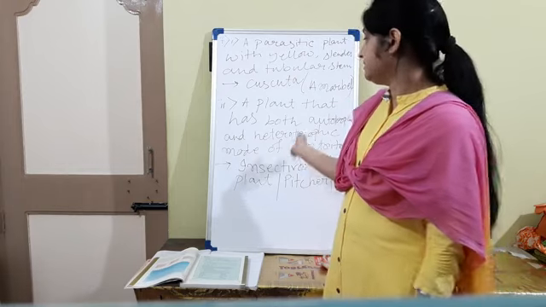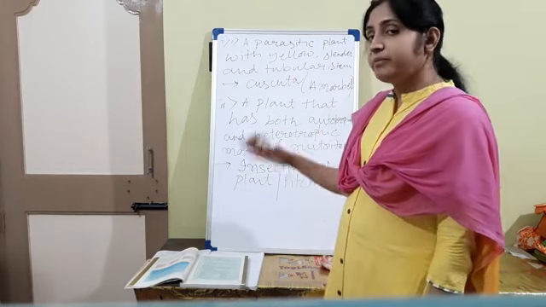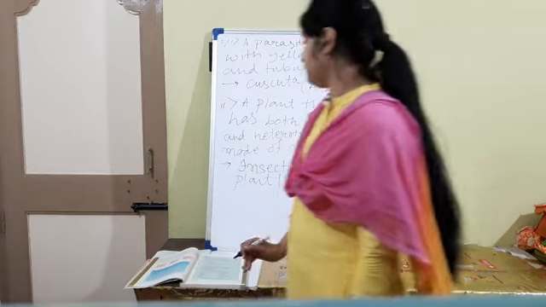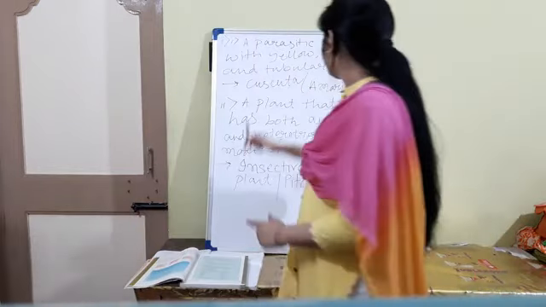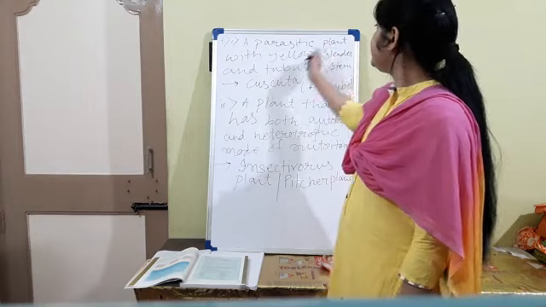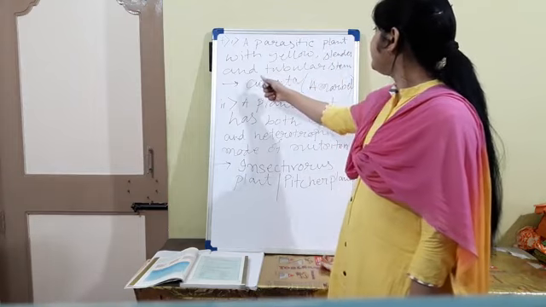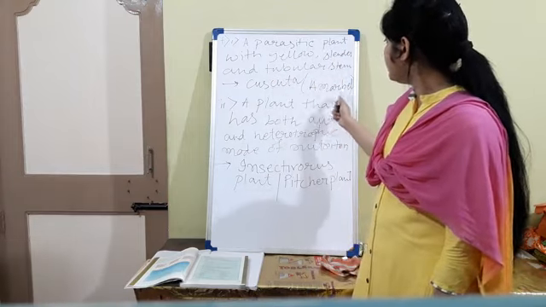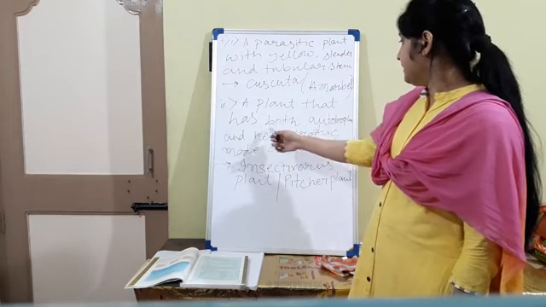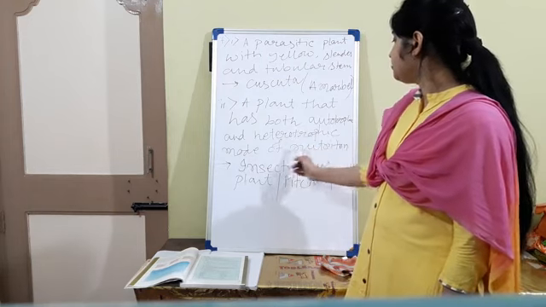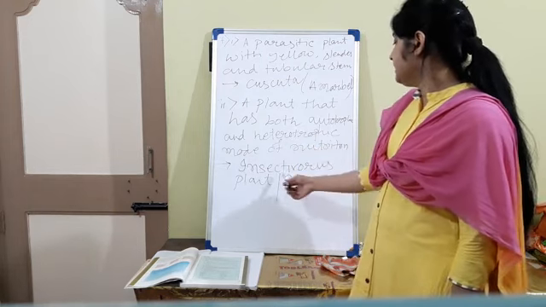So for that reason, they are partially autotrophic and partially heterotrophic. A parasitic plant with yellow, slender and tubular stem: Cuscuta or Amarvel. A plant that has both autotrophic and heterotrophic mode of nutrition: insectivorous plant or pitcher plant.